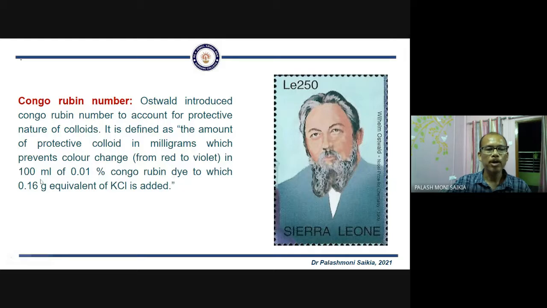That means if you add KCl to a Congo-Rubin dye, it will undergo coagulation. To prevent the coagulation, what amount of lyophilic colloid is required? The minimum amount in milligram is called the Congo-Rubin number of the protective colloid.